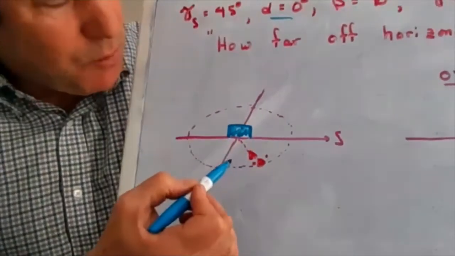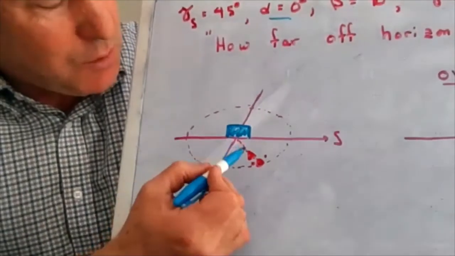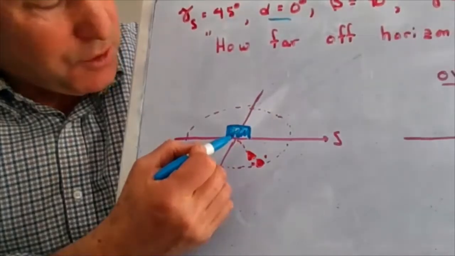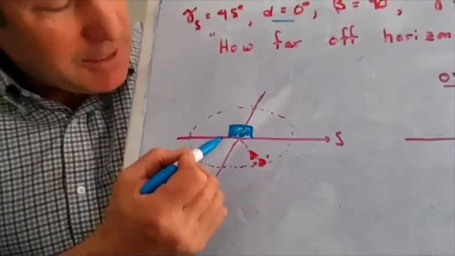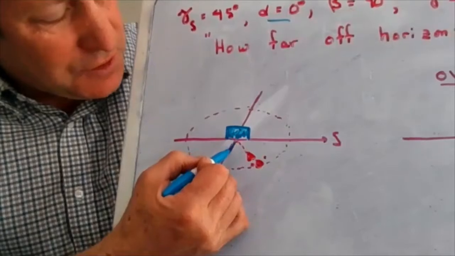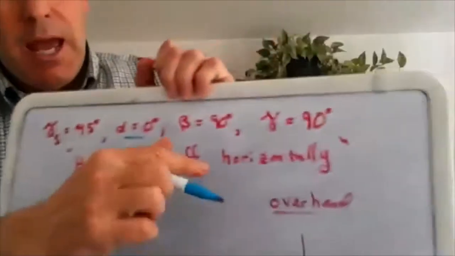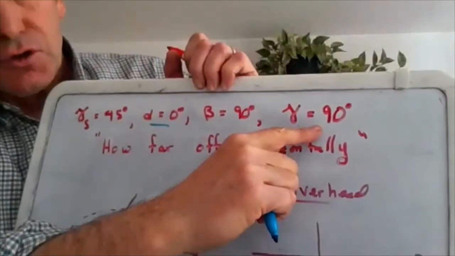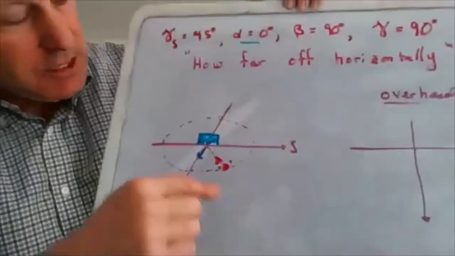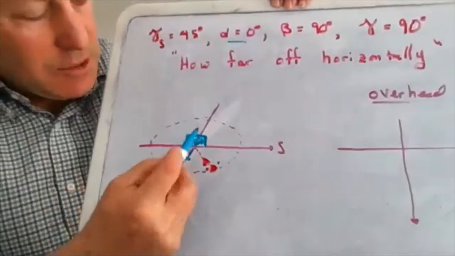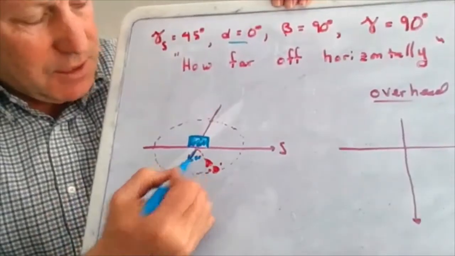So what is the angle of incidence between these incoming rays and the normal to that surface? I can see it pretty well because the normal to the surface is actually to the west. I have that gamma for the surface facing direction is 90 degrees, to the west. And it looks like it's 45 degrees in there like that.